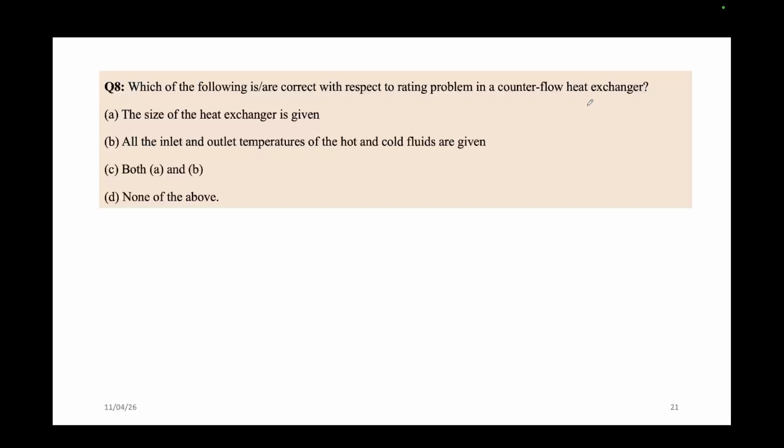Yes, very good. We do not require this. Very good. So option A, very good. This is how you need to analyze this.